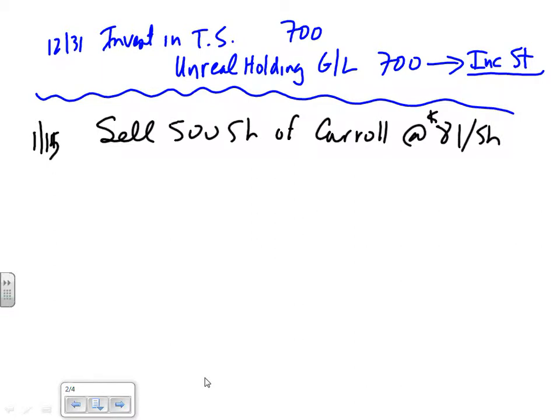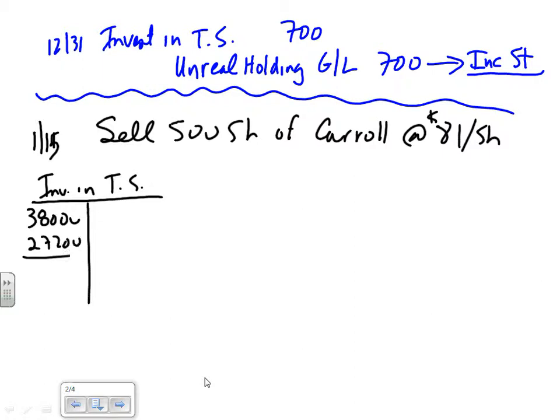And let me just put up that T account again. Investment in trading securities. Remember, it was $38,000 and $27,200. That was my 65.2. And then we had to adjust it for 700.